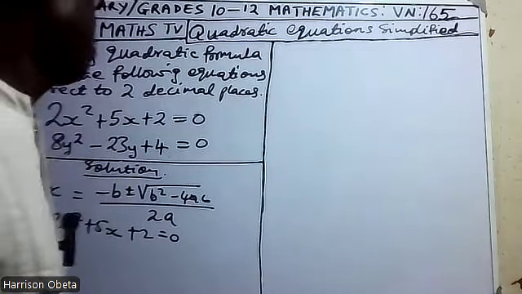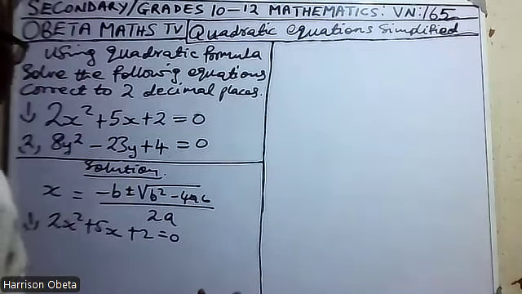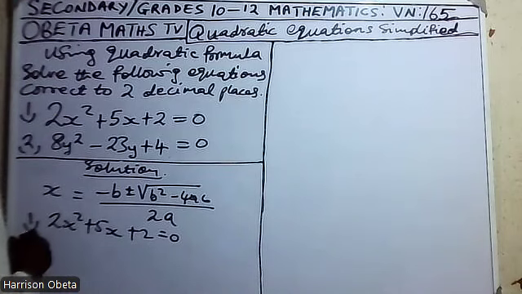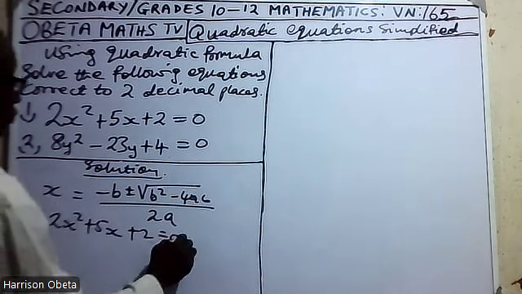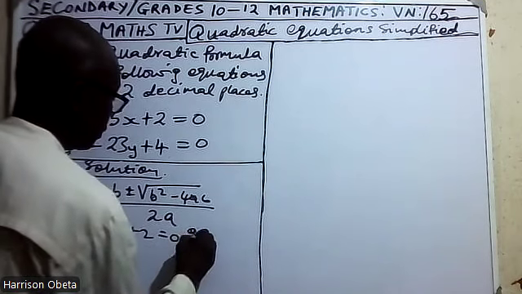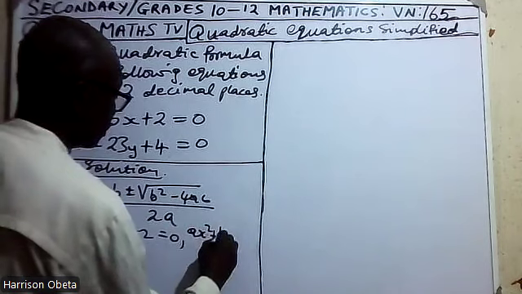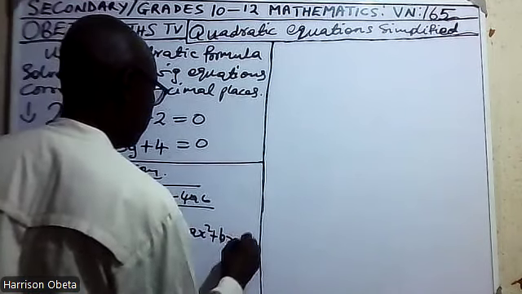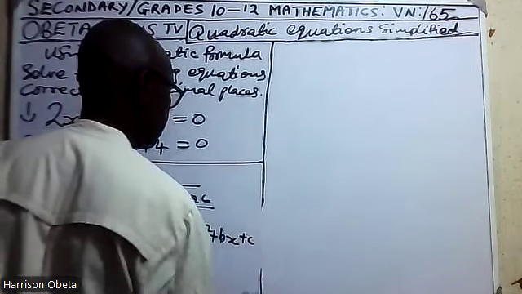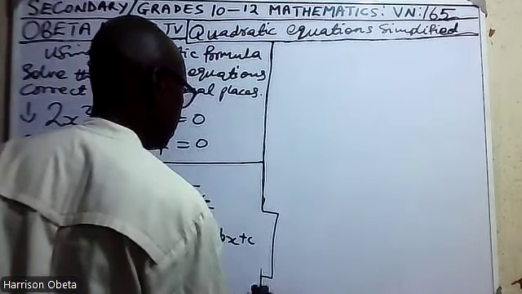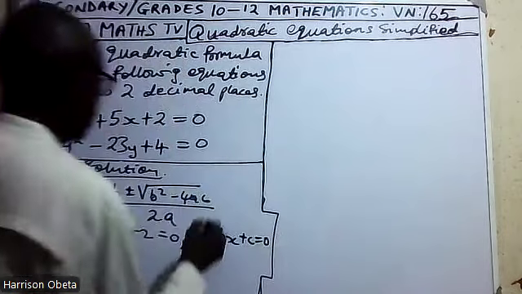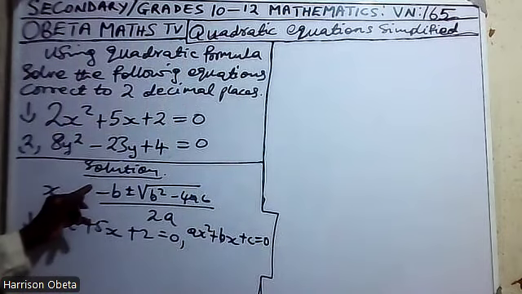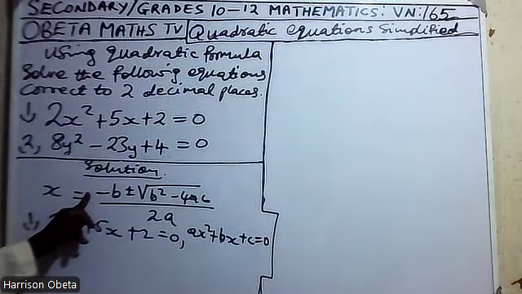Now from here we can pick our a, b, c, and so on. So remember that this is from the general form, ax squared plus bx plus c equal to 0. It is from here that we got this formula.